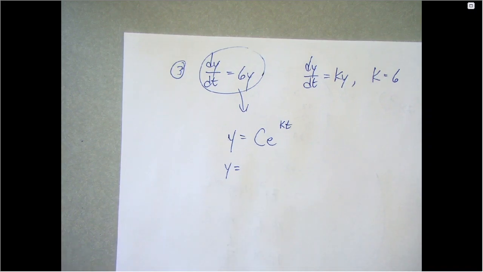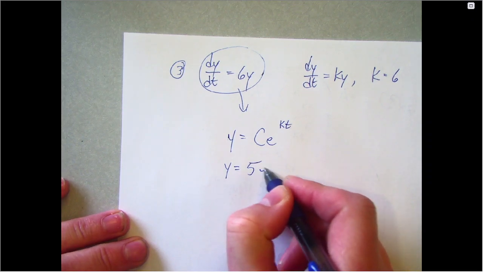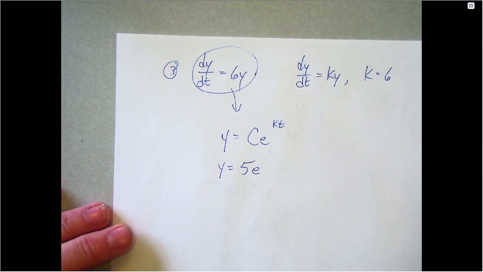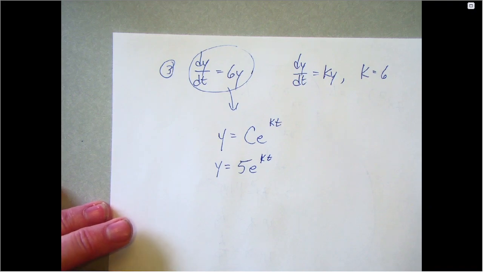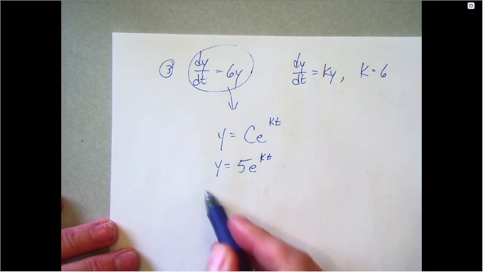C represents your initial amount, whatever you start with. So what is C going to be in this problem? It's going to be 5, because they're telling us y is 5 when t equals 0. What is k? 6. That's your answer. You're literally done.